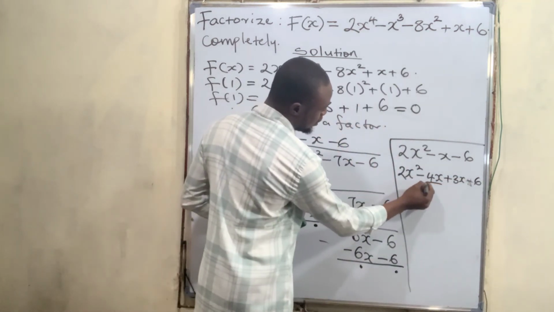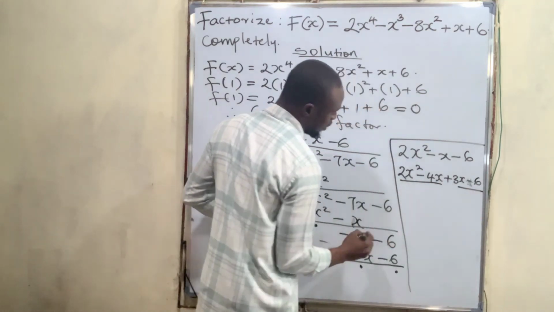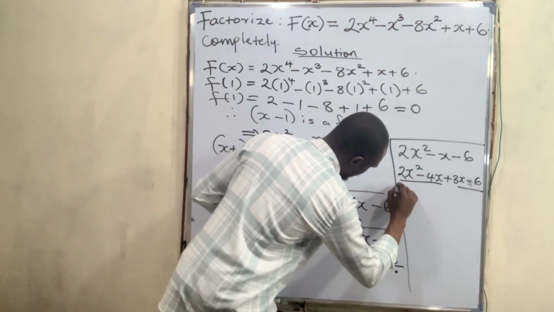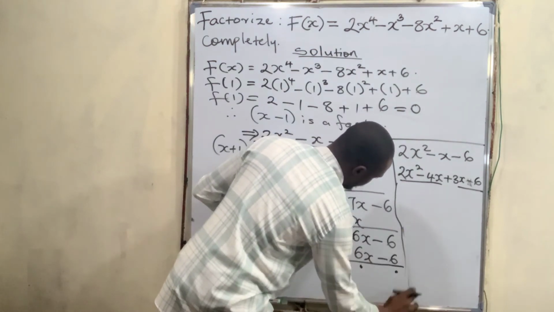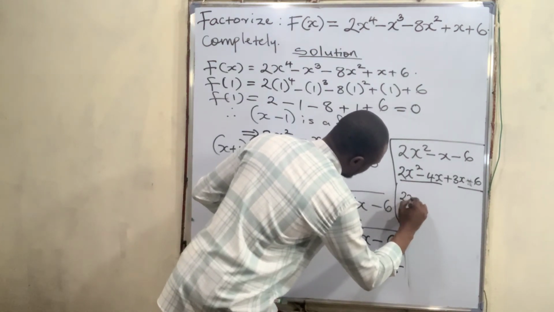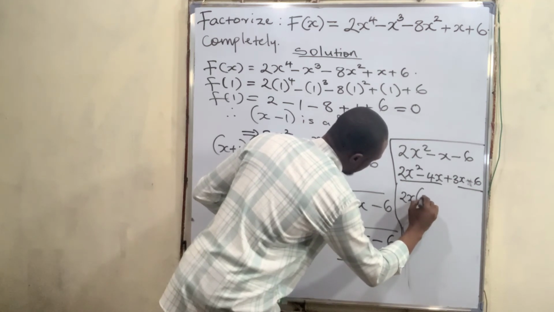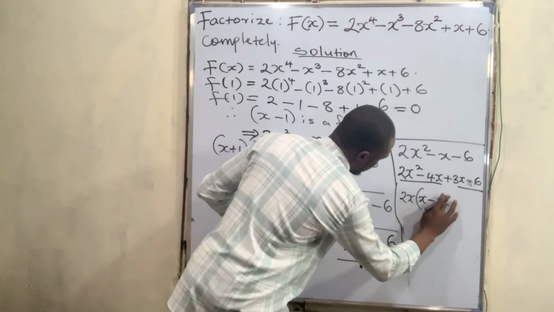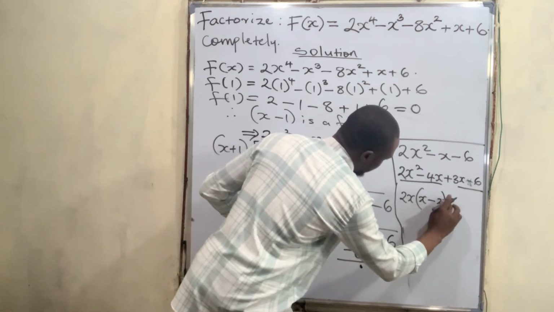If we group this together and this together, what is common between these two is 2. So we have 2x outside the bracket, and we have x inside the bracket minus what? 2, close bracket.